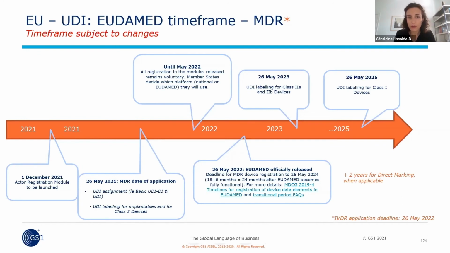In particular, the Commission has targeted eyewear products, so contact lenses, spectacle frames and spectacle lenses, saying for these devices, we don't want you to register all GTINs in EUDAMED, because you have different diameters, shapes, sizes and optical strengths, and we would end up with too many records and EUDAMED would explode. They are also targeting other types of products in the future, such as sutures, catheters or orthopedic screws.